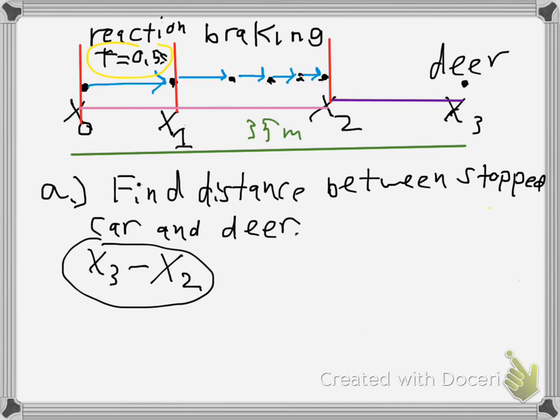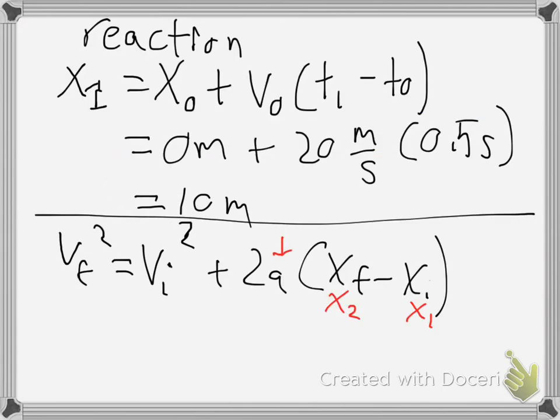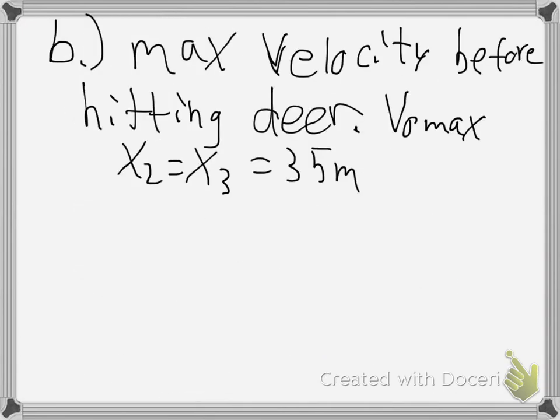So both of those values depend on the car's initial velocity. The reason this part becomes more complicated is because we have to use algebraic substitution.